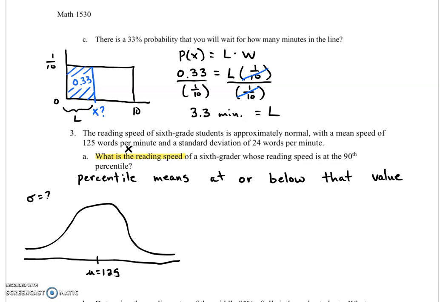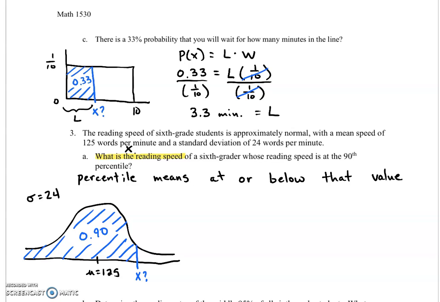Our standard deviation is 24. And there's some x value that we don't know, but we do know that the 90th percentile means that the area below it is 90%, or 0.90.